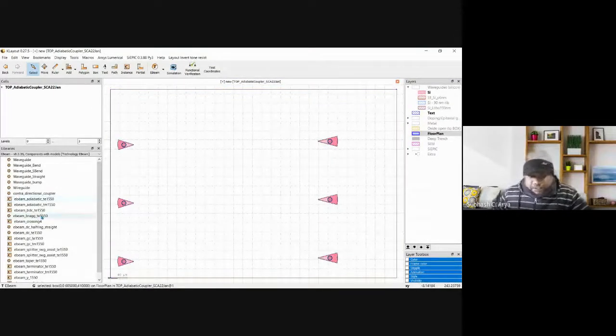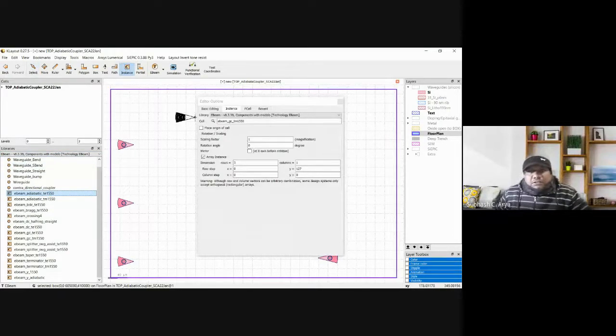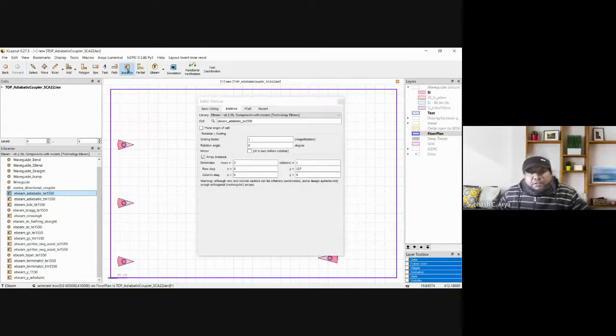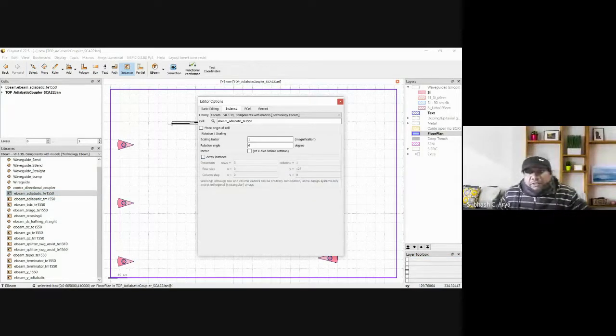On the left-hand side, we have to consider this eBeam adiabatic TE mode here. This is the adiabatic coupler. Okay, instead of doing this, let me select from here. If it is coming like this as an array, I have to skip, go to registers. Instead of an array, I will take only one.